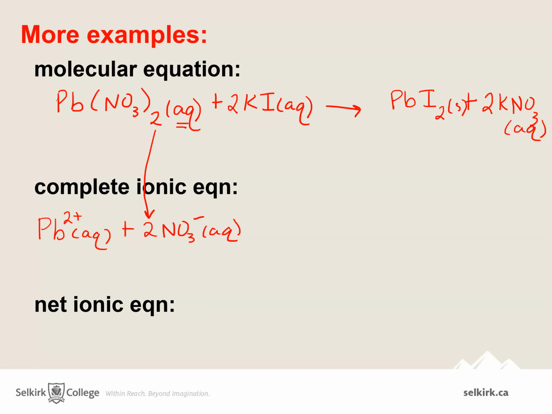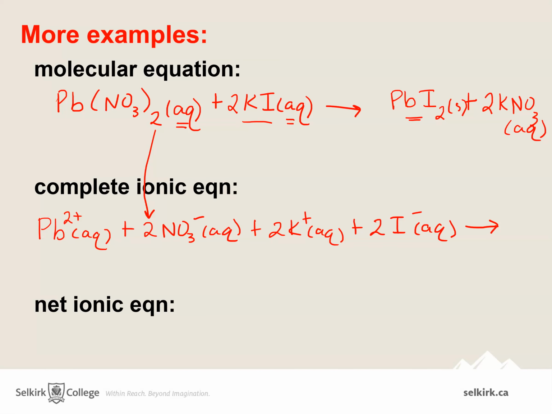All right, next things to translate. Potassium iodide, metal and nonmetal, ionic, dissolved in water. So really, I've got potassium ions and iodide ions swimming around. So that's what's swimming in the beaker before the reaction happens. Now, continue my translation.